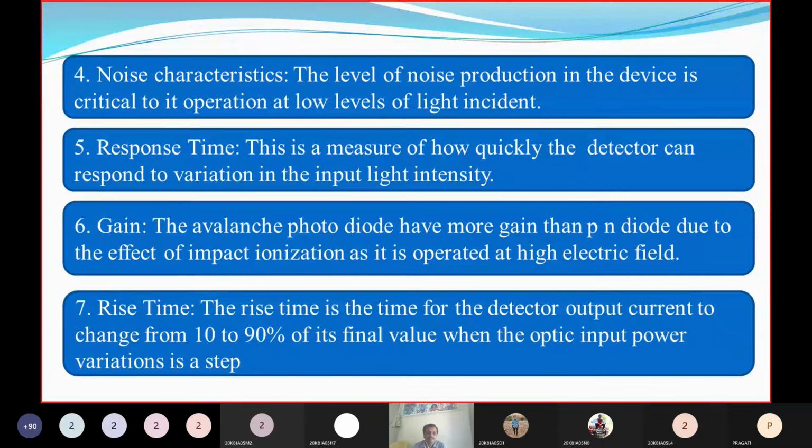If the rise time is less, the photodiode will work very accurately.